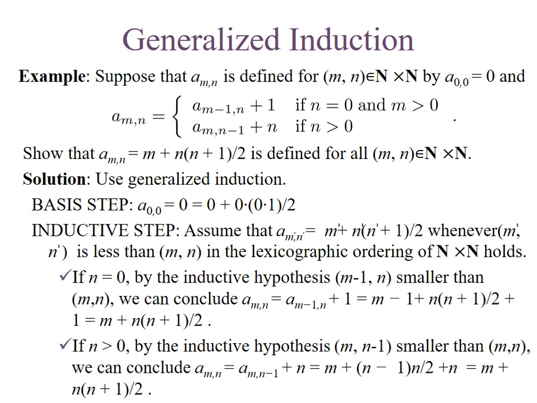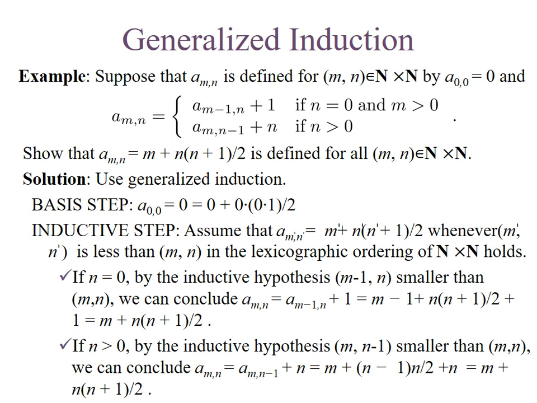If n equals 0 and m is larger than 0, then a(m, n) equals a(m minus 1, n plus 1). Okay, so maybe we can try to answer what is a(1, 1).